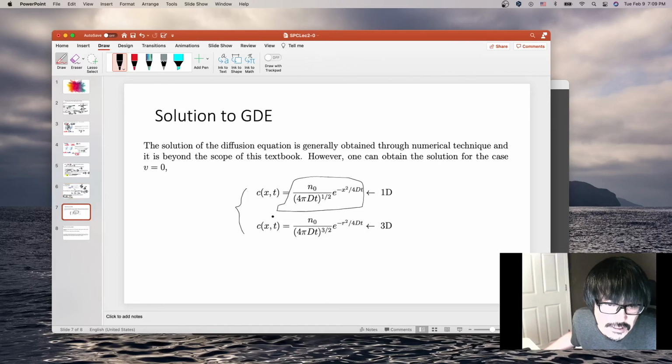And for the 3D case, you have these things right here. Note that if there are no special XYZ directions, then this is just the cube of that one right here. Or maybe starting from here, the cube root is equal to these things right here.